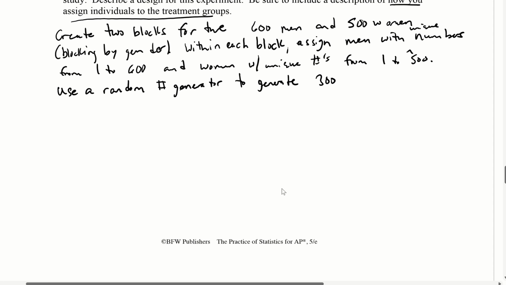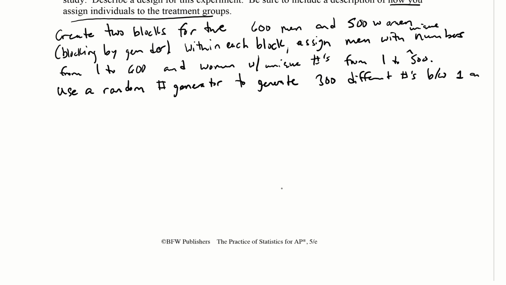So use a random number generator to generate 300 different numbers between 1 and 600, using these numbers to select men accordingly.